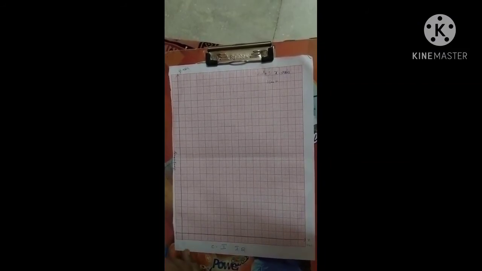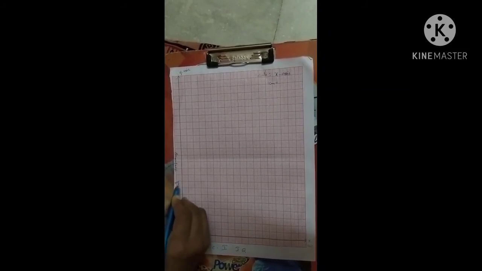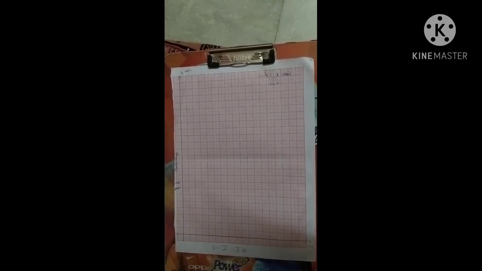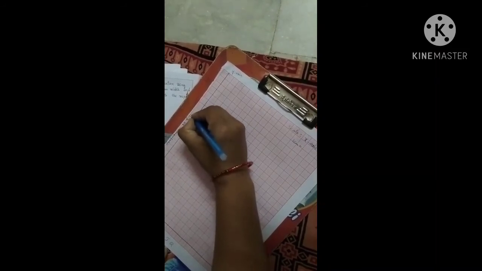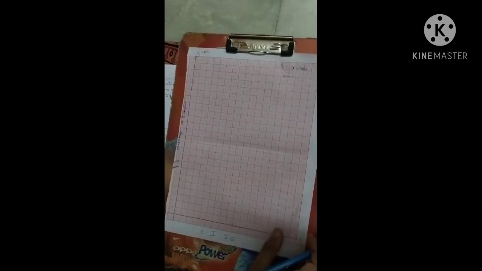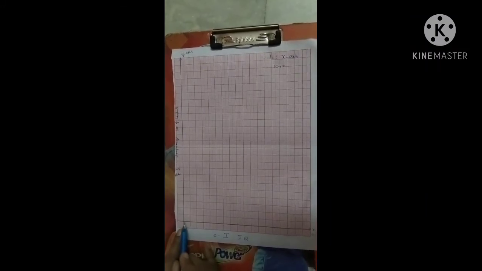In the problem, the y-axis is the frequencies, the number of students. Okay, children. So on the y-axis you have to take the number of students.